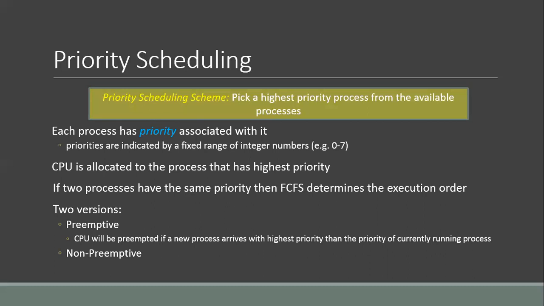This means if a process is already running, and meanwhile a new process arrives in the ready queue with a higher priority than the currently running process, we will remove the running process from the processor, and the CPU will be allocated to the newly arrived process.